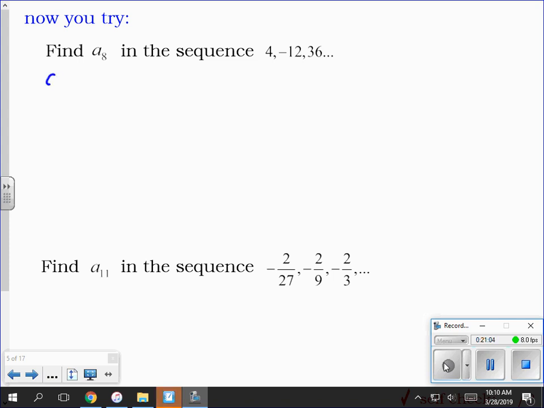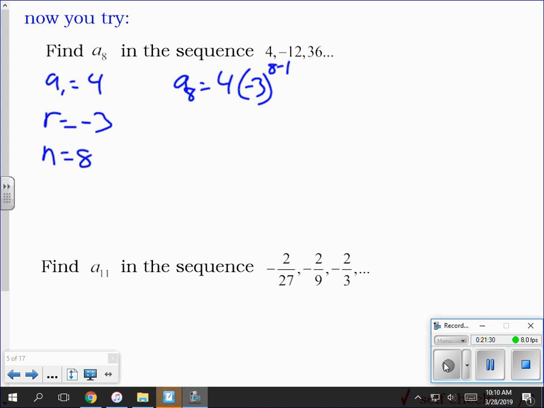So my first term is 4. My R is -3. And my N is 8. I'm looking for the 8th term. So A sub 8 equals 4 times -3, parentheses around it, to the 8 minus 1. And I do write N minus 1, whatever N is, minus 1. I always just plug the numbers into the formula.